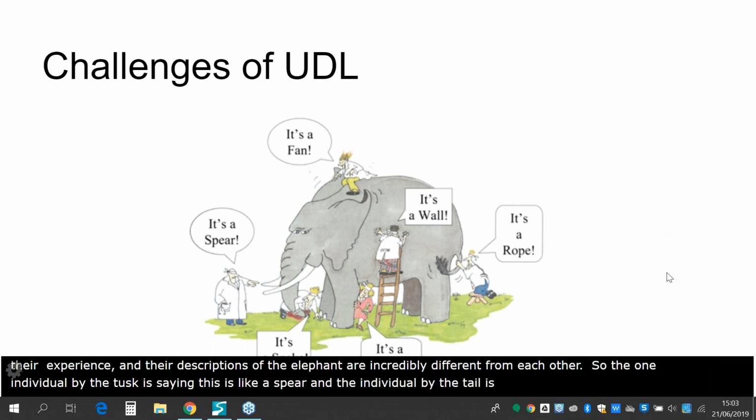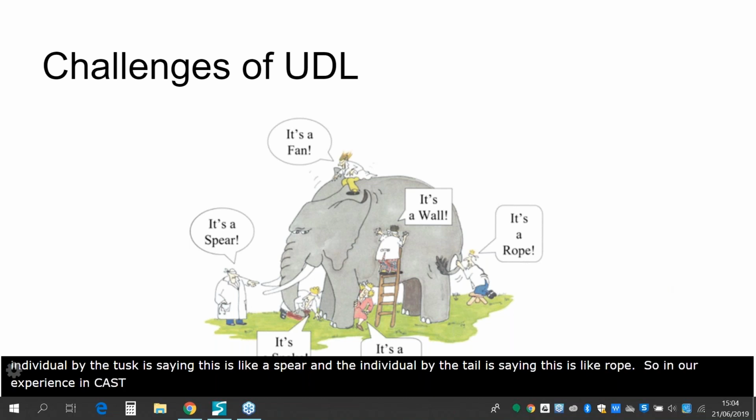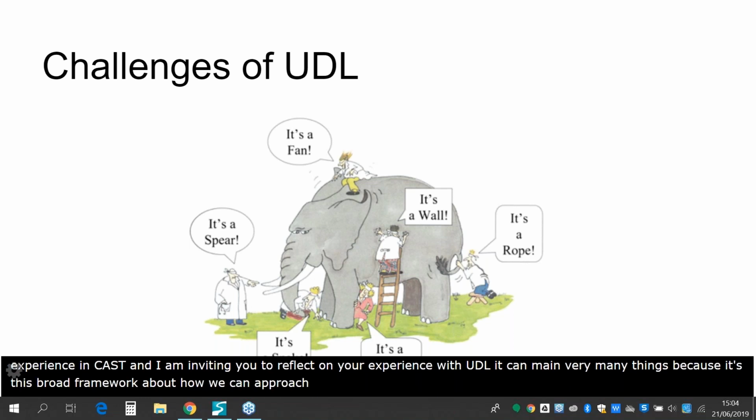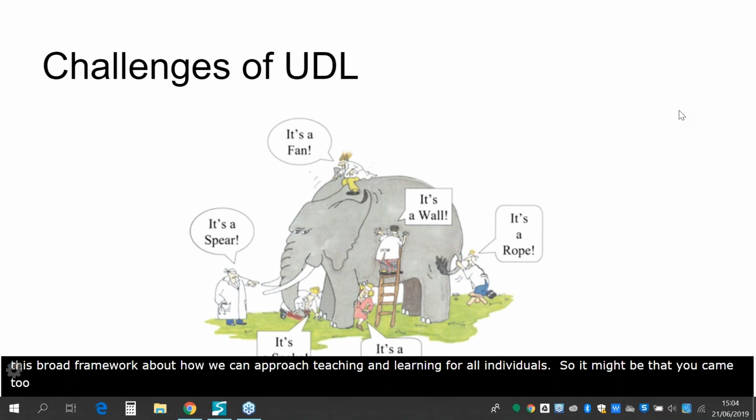In our experience at CAST, and I'm inviting you to reflect on your experience with UDL, UDL can mean very many things because it's this broad framework about how we can approach teaching and learning for all individuals. It might be that you came to UDL from assistive technologies, or to really think about access.